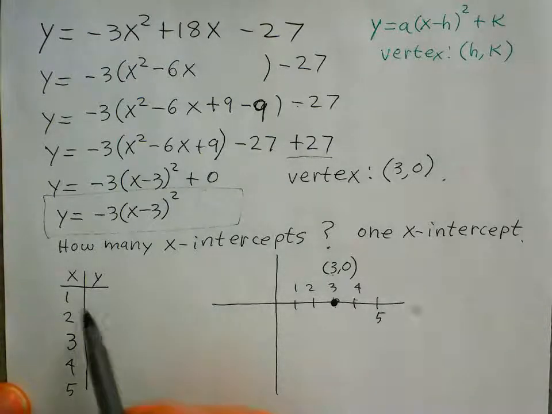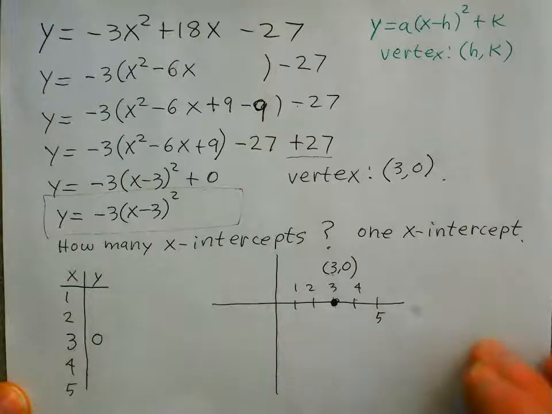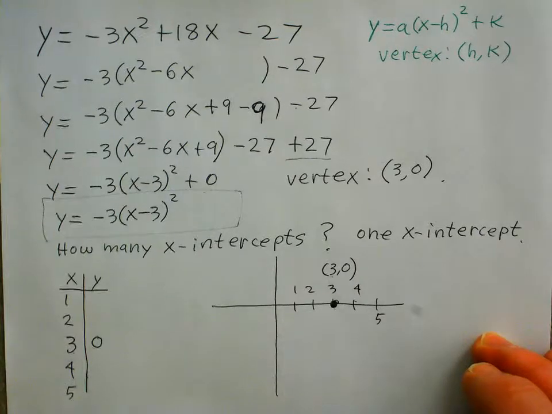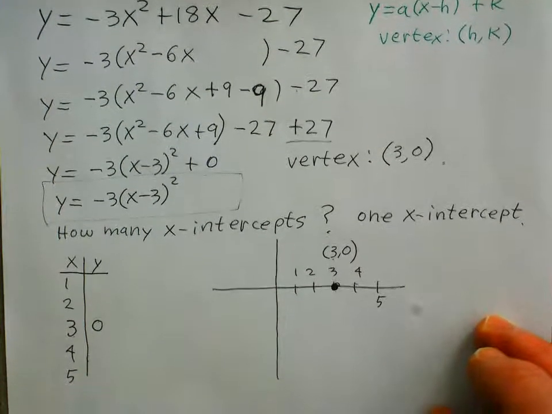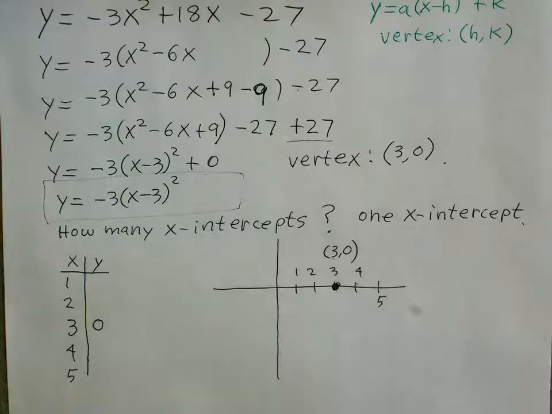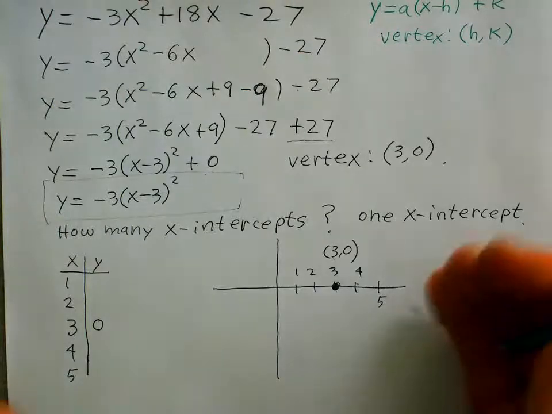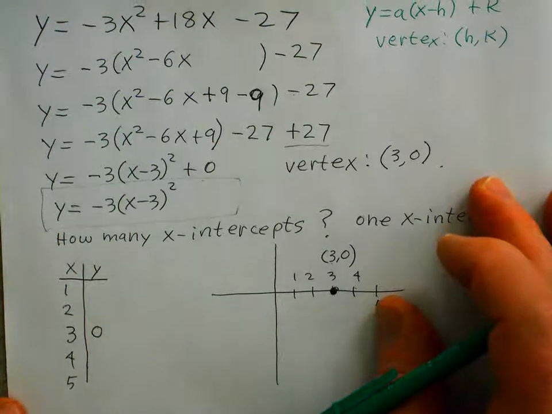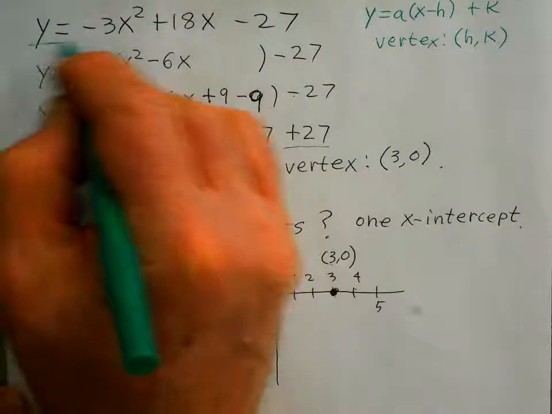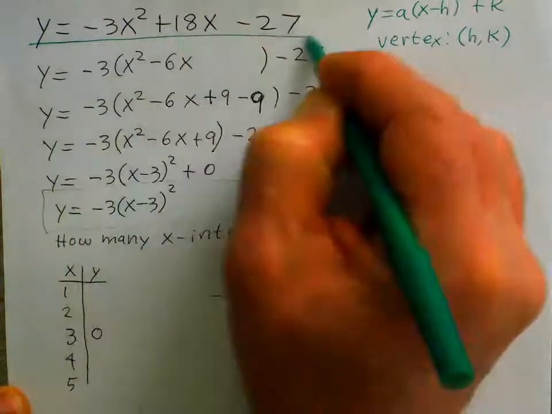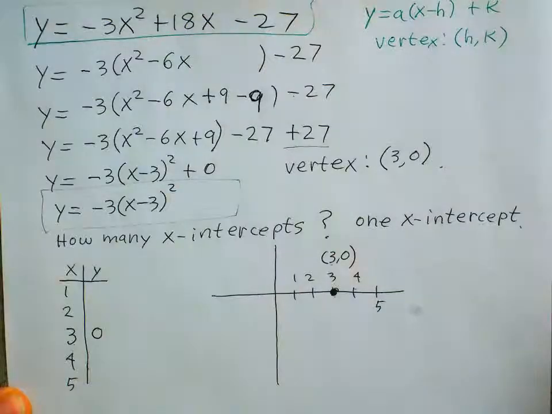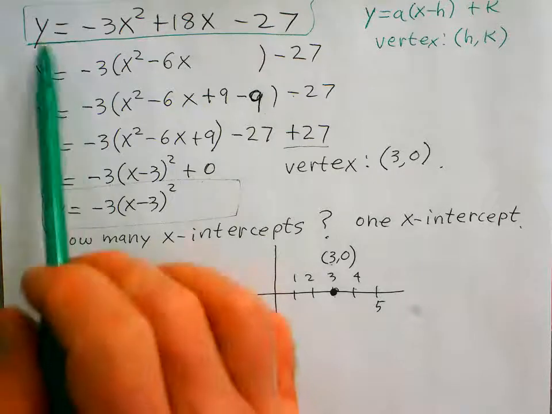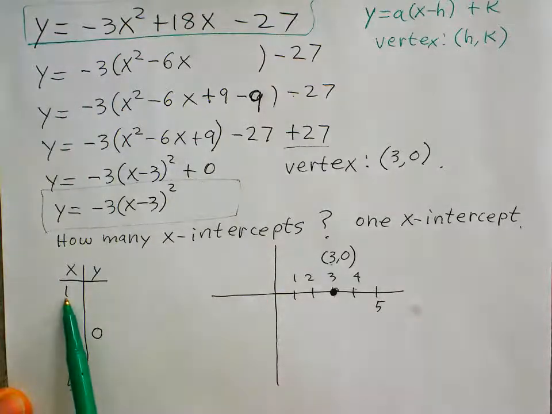So let's start with x equals 1. We have options. We can use the original standard form, y equals -3x squared plus 18x minus 27, to find the y-coordinate that goes with x equals 1.